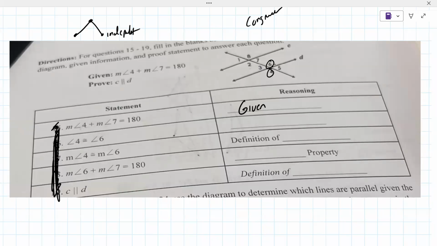To me, they look like they have nothing to do with the parallel lines. They're sort of off on their own. They meet at an X. But vertical angles. Yes, there we go.